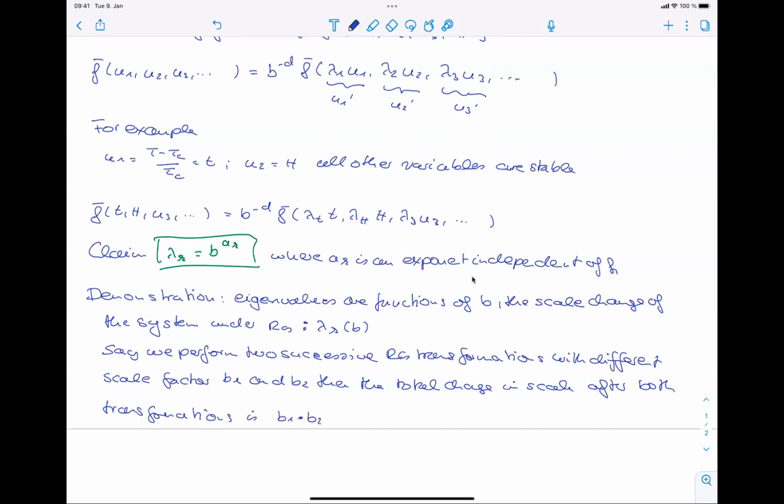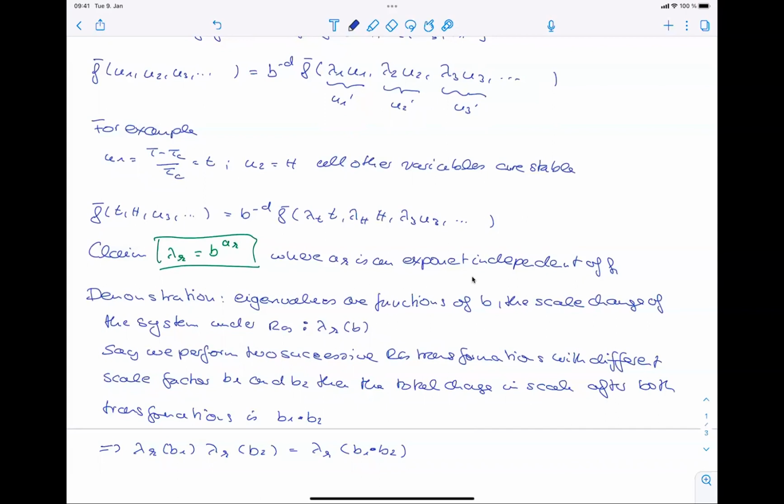And so now, if I express this in terms of the RG transformation, it also needs to be true that my lambda k as a function of B, and then successively applying the next transformation as a function of B1 and B2, also needs to be the same as if I would have done a transformation with B1 times B2.